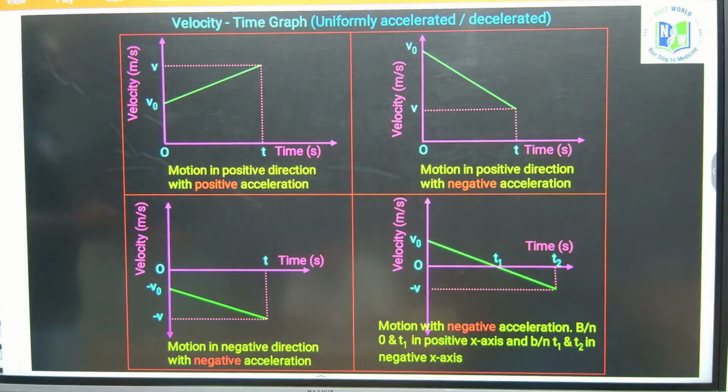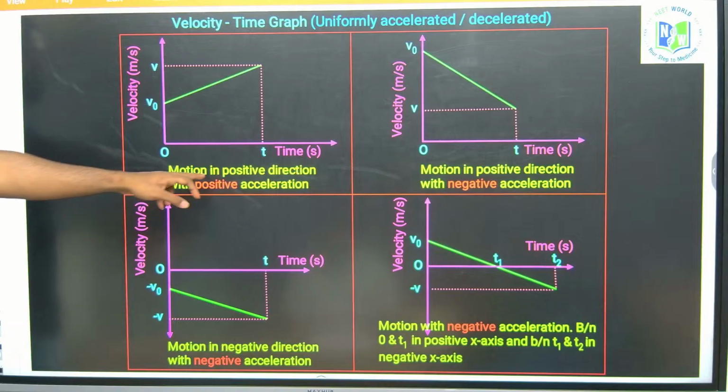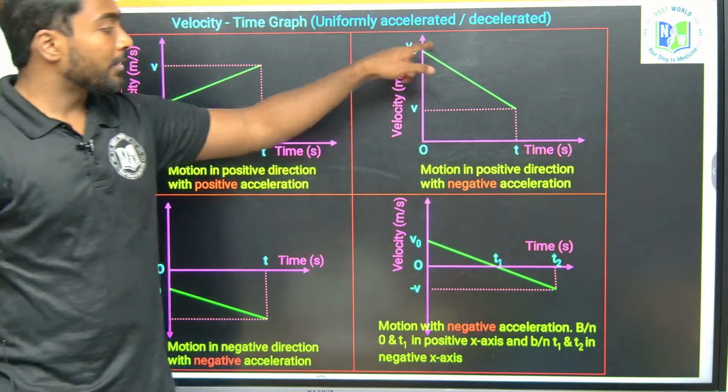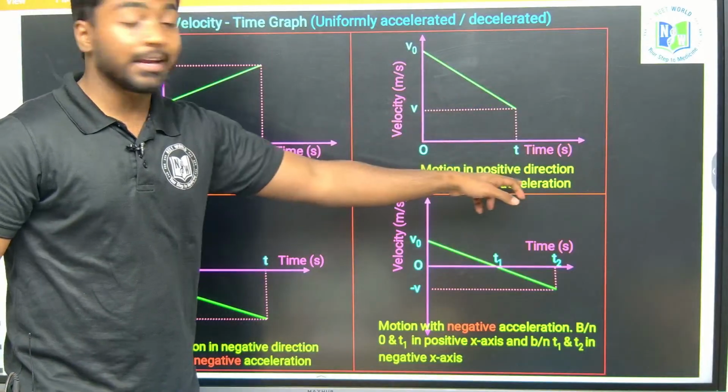So velocity time graph. Motion in positive direction with positive acceleration, motion in positive direction but with negative acceleration.